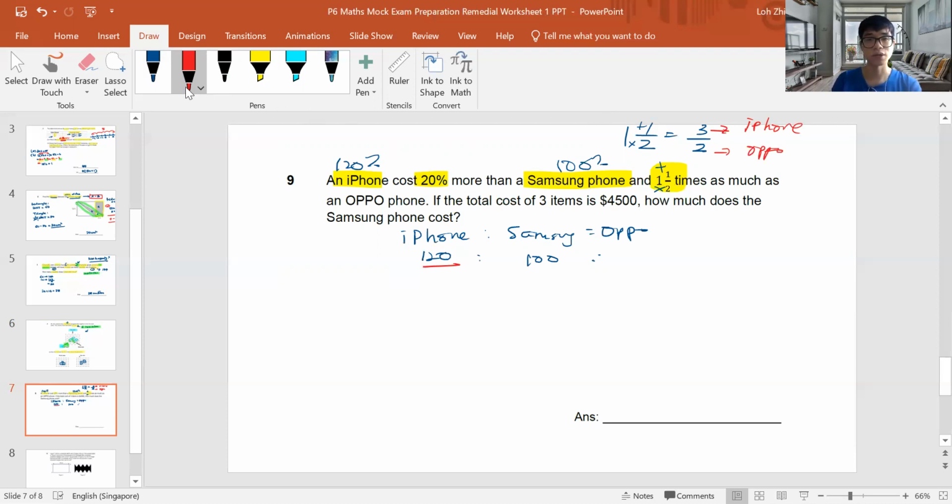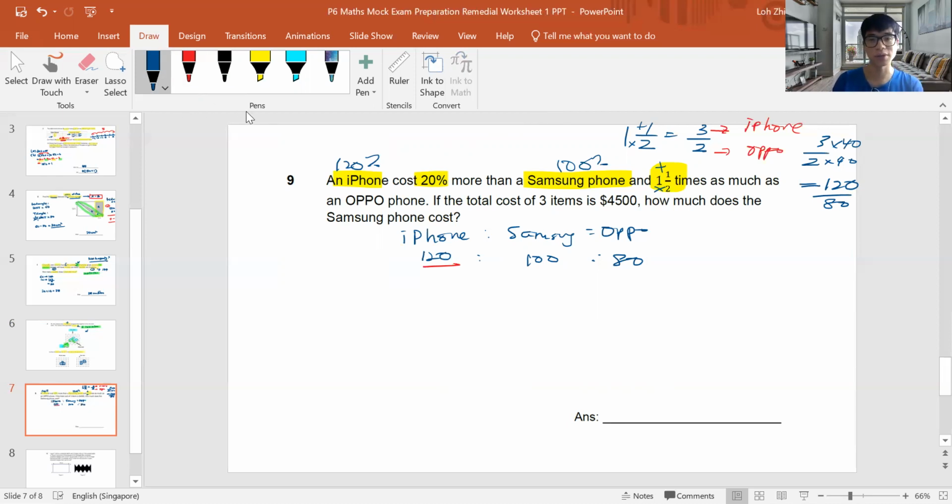So what should I do? I should times with 40. So 3/2, I times with 40 here, I times with 40 here. Then now I know it's 120/80. Means that now iPhone is 120. When iPhone is 120, Oppo will be 80.